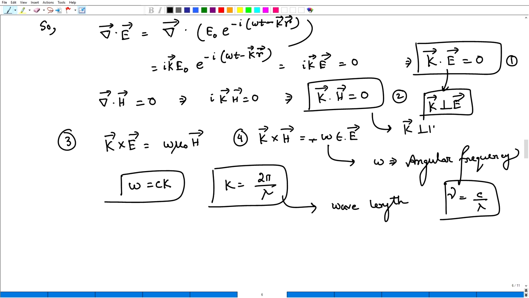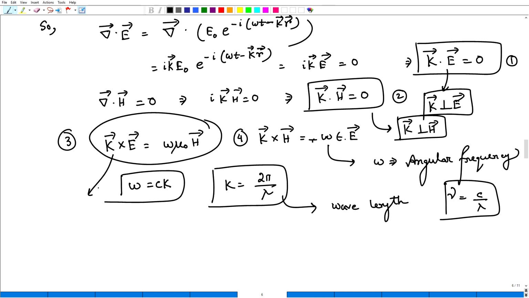Similarly, wave vector and magnetic field are also perpendicular to each other. So, the wave vector is perpendicular with both electric and magnetic fields, but it does not mean that electric field and magnetic field are also perpendicular, that may be in the same direction. But from this equation or this equation, both are same, we can say this is k cross E.